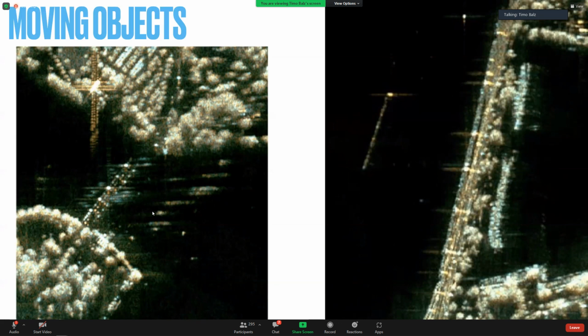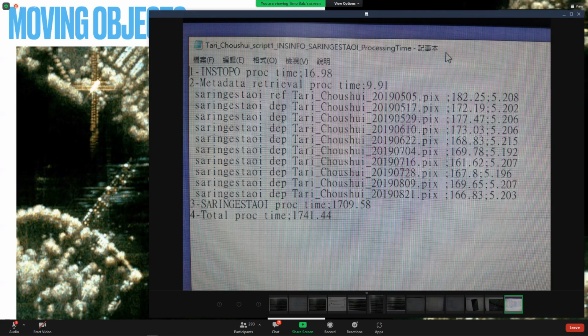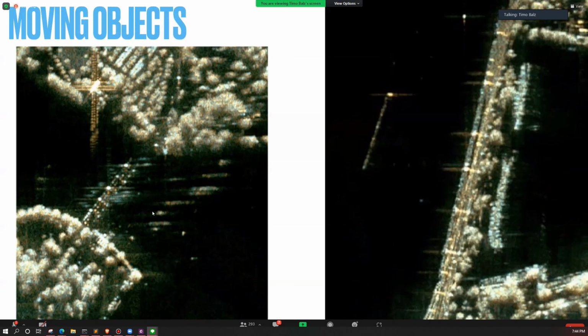However, if you build your SAR system a little bit differently, if you orient your antennas differently, you can identify directly all moving objects in the scene, and then you have a moving target indication.